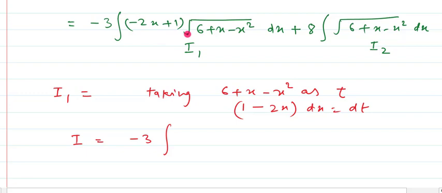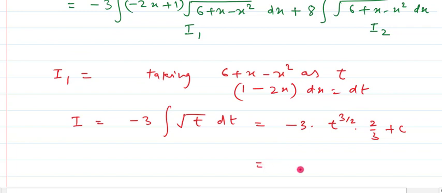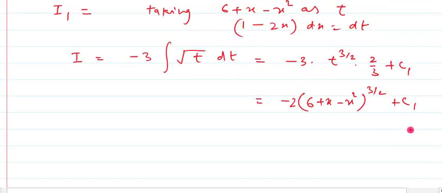So let us convert this minus 2x plus 1 dx into dt and the rest of the term as t. So it is square root of t dt that is left, and you know very well the integration of this term is minus 3 into t power 3 upon 2 into 2 upon 3 plus c. So it can be written as minus 2 into 6 plus x minus x square power 3 upon 2, plus c1, because this is the integration of the first part I1. So I1 we are getting like this.